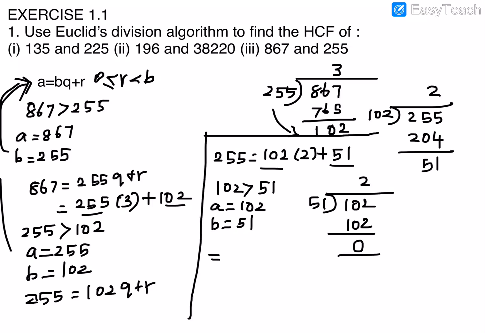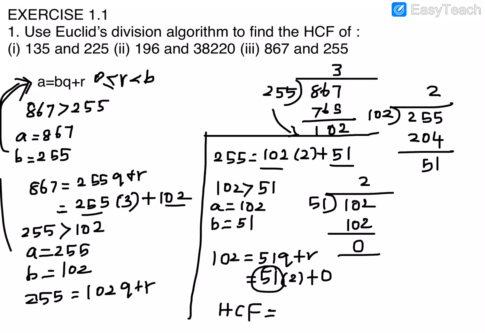Let's substitute the values for Q and R: 51 into 2 plus 0. So our HCF is the last step divisor. 51 is our HCF of these two numbers. Hope you understand. Thank you.